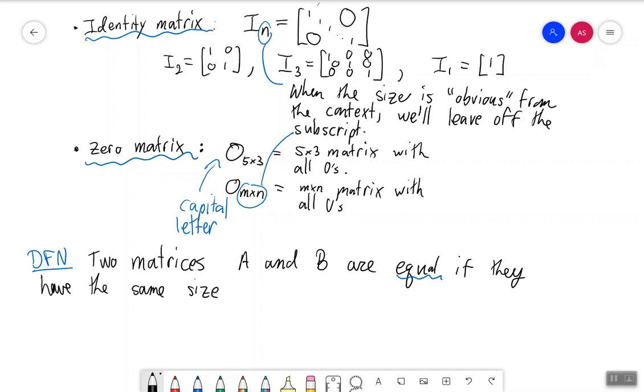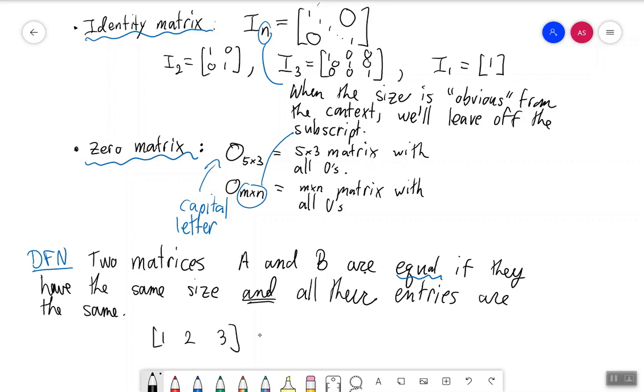Note that 5 by 3 is one thing, it's not 15, it's 5 by 3. And if all their entries are the same. So in particular, the matrix 1, 2, 3 is not the same as the matrix 1, 2, 3 written as a column.